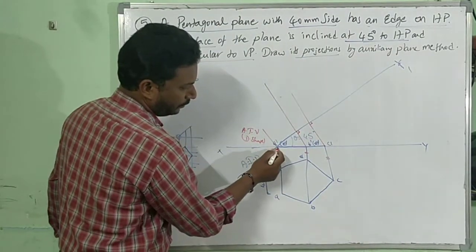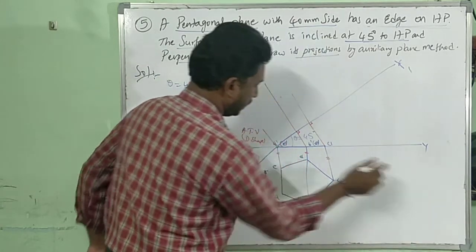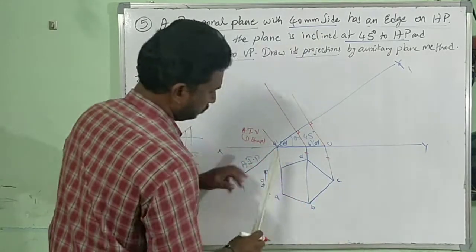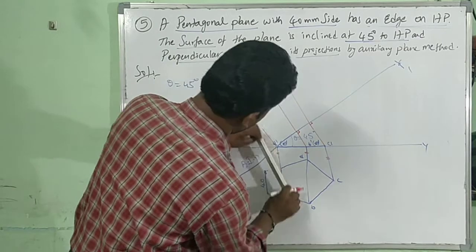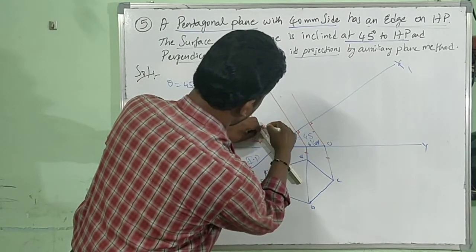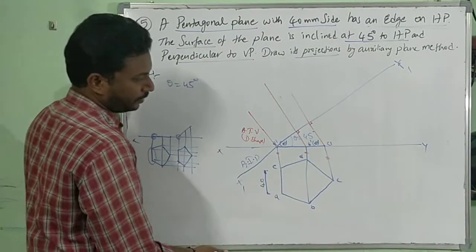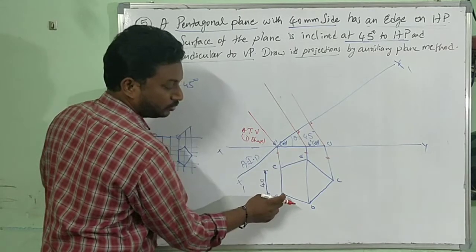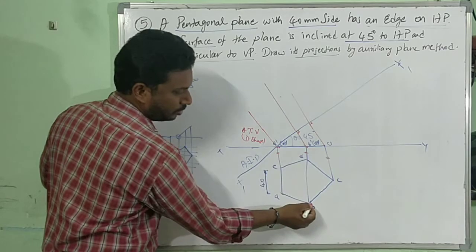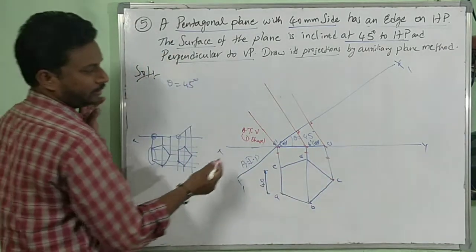This line from A to E, here from A dash, whatever the line, see, the total EA you have to draw. From here to here, from here to here, from here to here, the total length has to be extended, right?